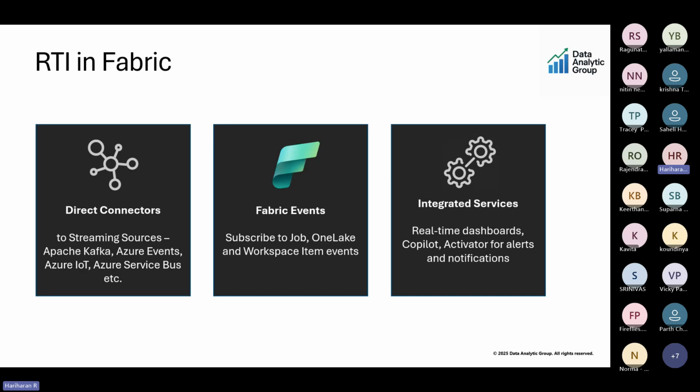If anybody has deleted a file in OneLake or in a workspace, the event will be triggered and that data will be pushed to real-time intelligence. On top of that, you can create alerts.